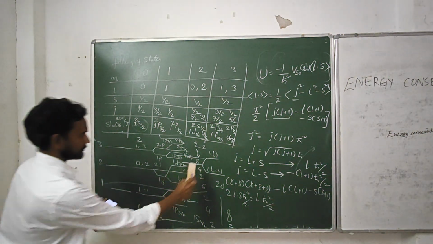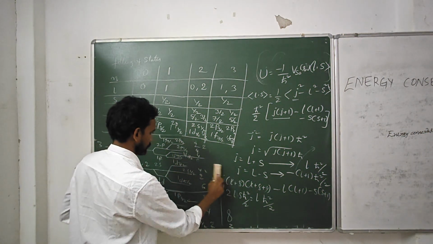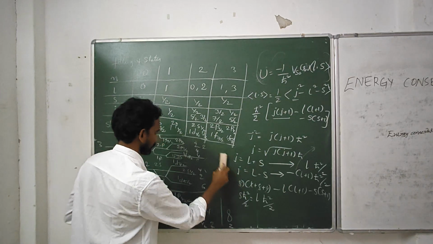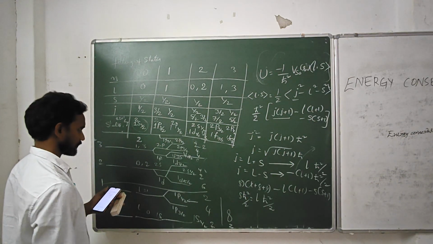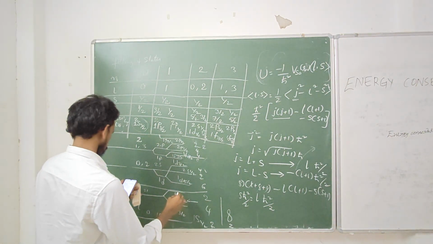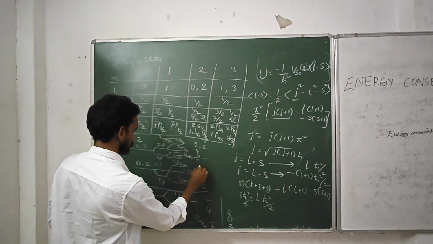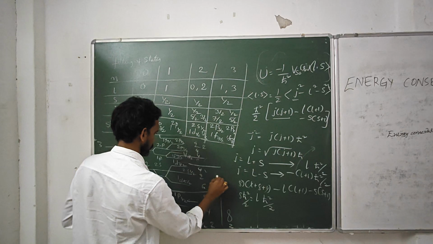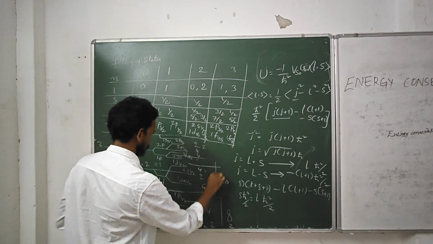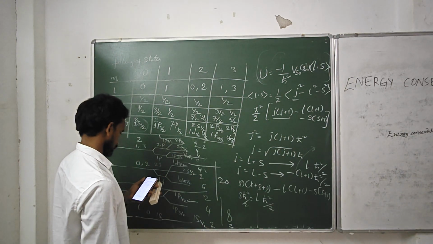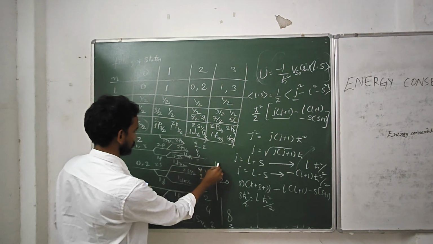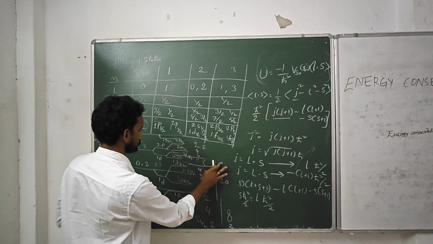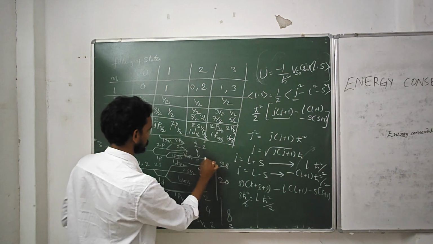Okay, let's remove this. So up to 1d 3 by 2, up to this level it is 20. So next one is this 7 by 2, 8. 8 will add up, so that is 28.